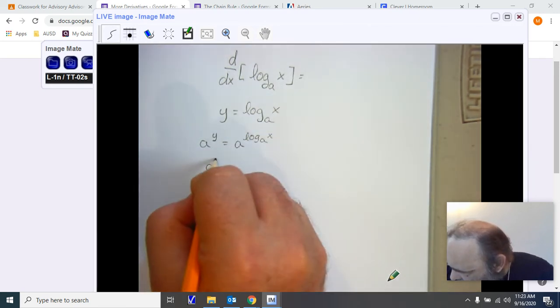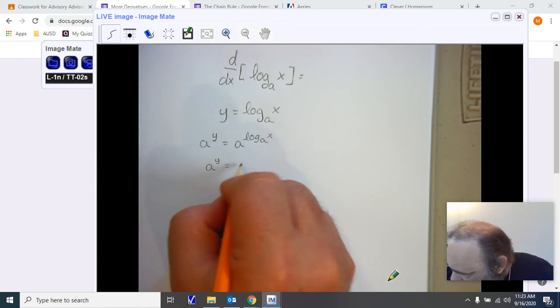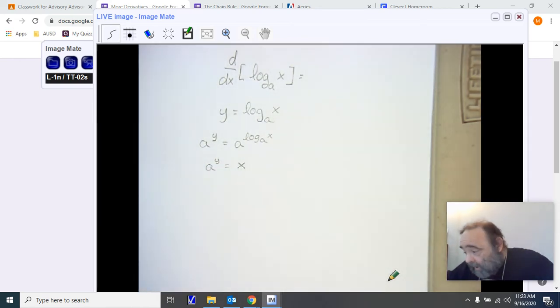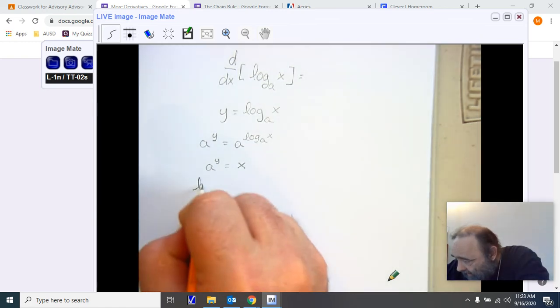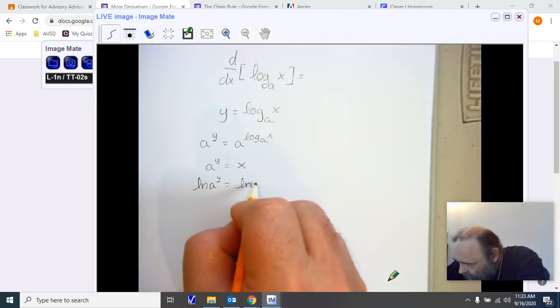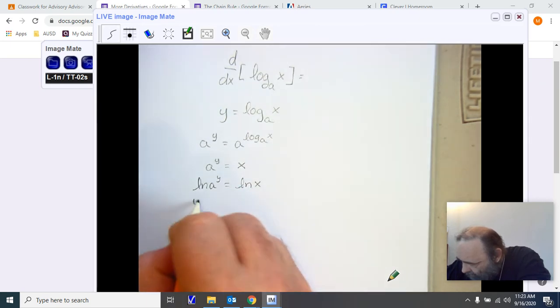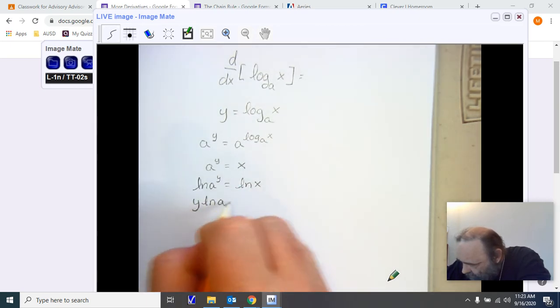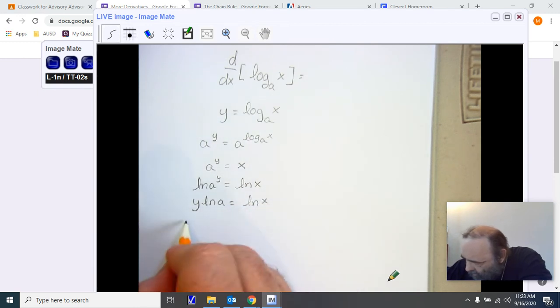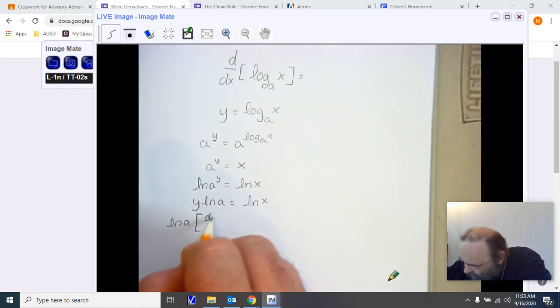And this allows me to have a to the y equals x. Now, I'm going to exponentiate again, this time getting it into a form for the natural log. Power moves in front. And now I can work with my derivative because the natural log of a is simply a constant.